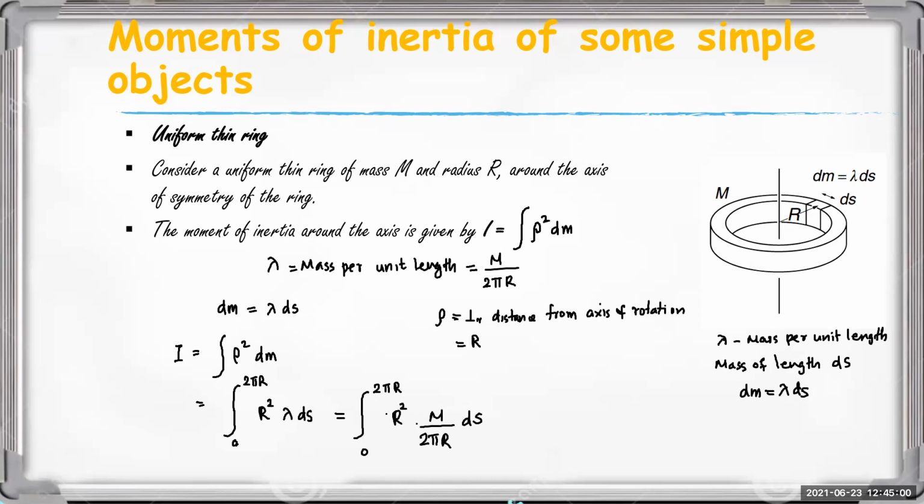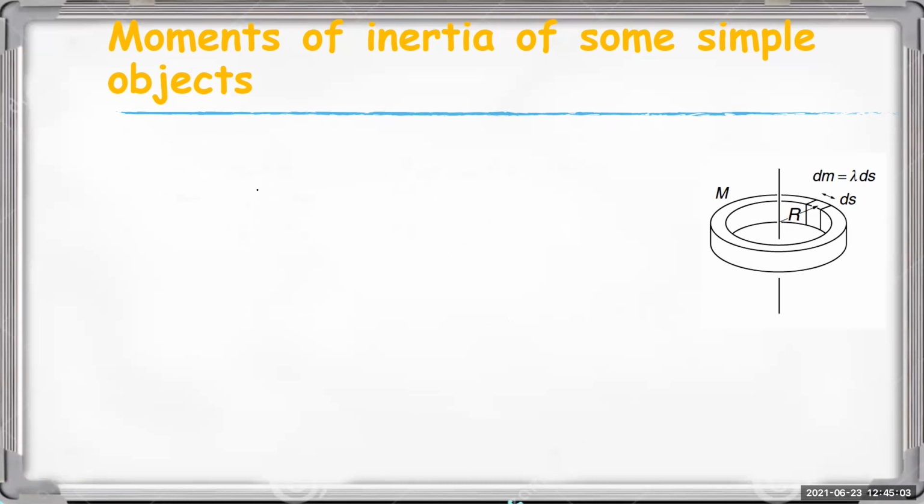Okay, so I write I is equal to the integral from 0 to 2 pi r. We cancel one of the r, then m divided by 2 pi ds.